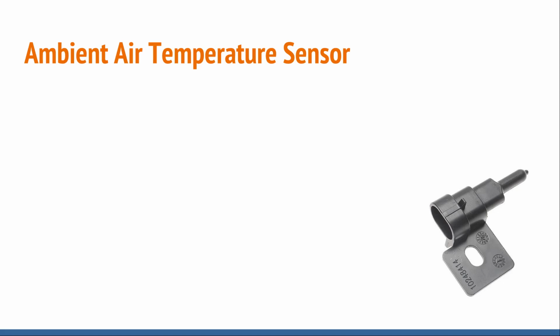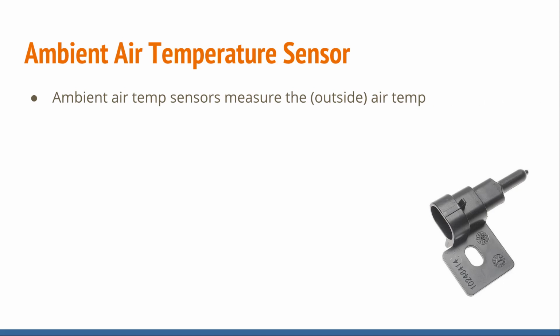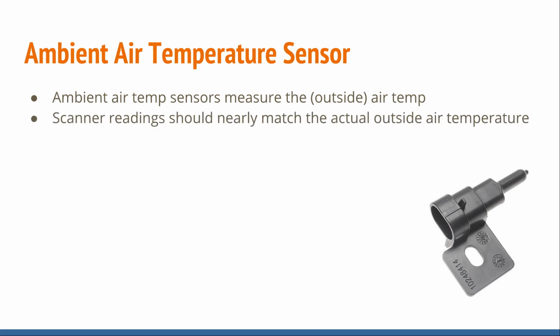So, ambient air temperature sensor. What this thing does is it measures outside air temp. If you're looking at it in the scanner, it should nearly match the actual outside air temp. So if it's 70 degrees outside, the ambient air temp sensor should be real close to 70 degrees.